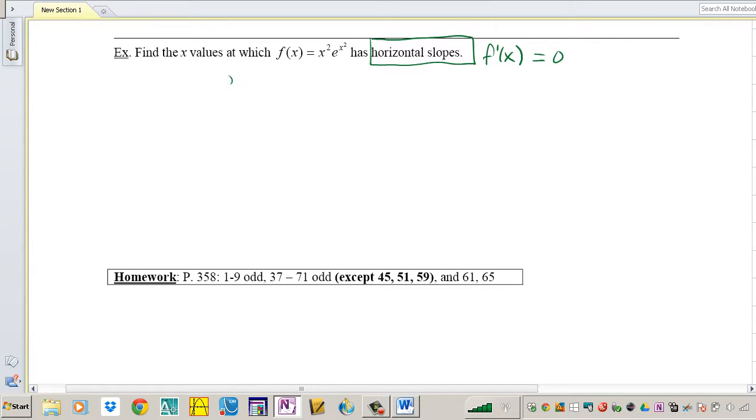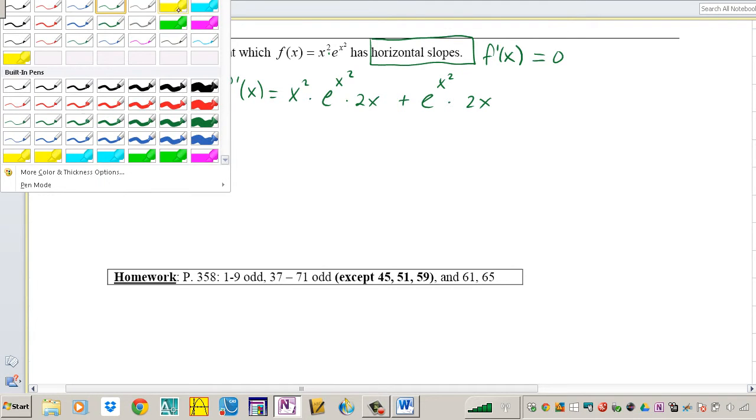So f prime of x is a product rule. X squared times e to the x squared, chain rule, times 2x, plus the second term times the derivative of the first term. So let me go ahead and do this.